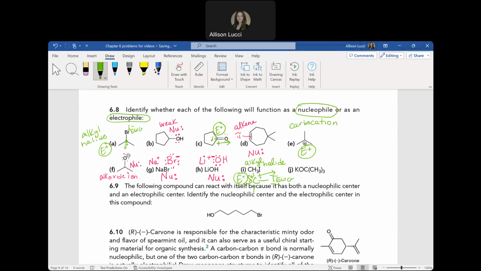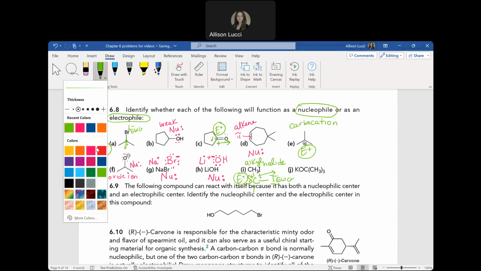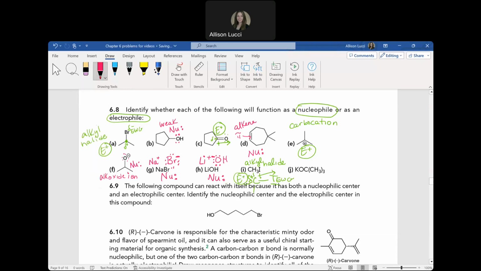Last but not least, this molecule is called potassium tert butoxide. So what happens is a potassium ion comes off, and then we have this oxygen, and this is the structure of the tert butoxide portion.